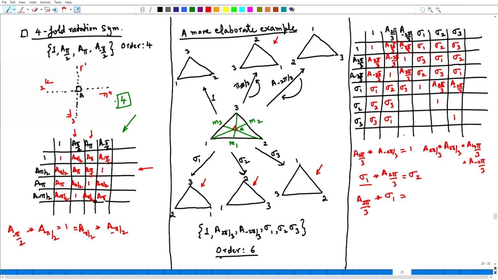Suppose I look at this particular column, I have minus 120, I have plus 120, I have 1, and I have sigma 3, all I am left with is sigma 1 and sigma 2.